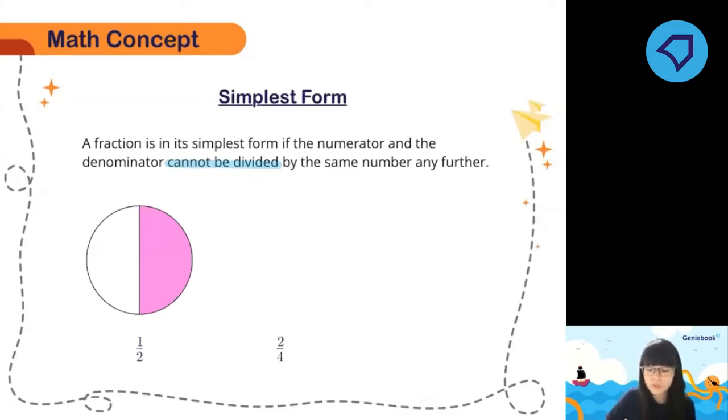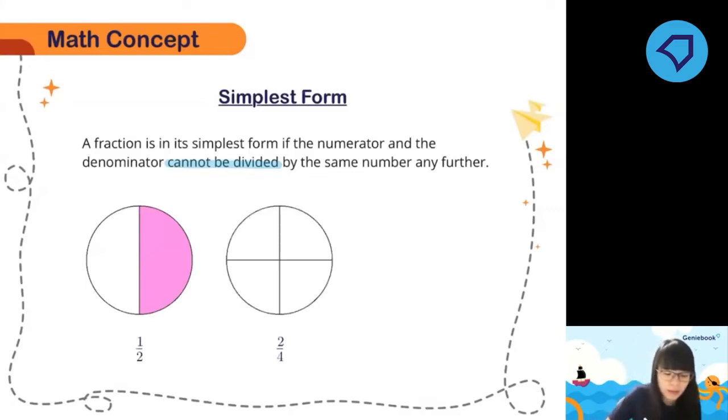If I were to color it, I'll have 2 out of 4 parts, correct? Good afternoon, Anthony. Now, what do you realize between this and this? Are they actually the same? They are the same, correct?